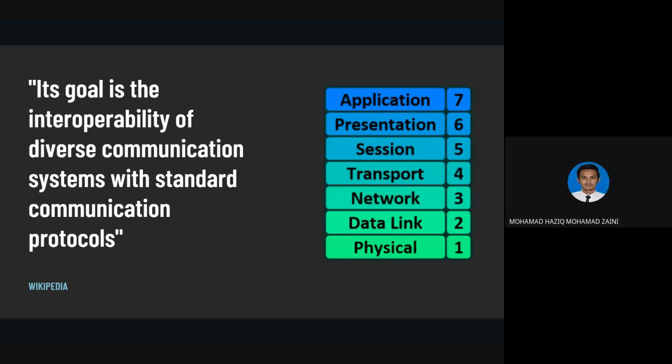Yes, Haziq. Tadi madam tanya, so saya nak try jawab. Bagus Haziq. Jawab je. Madam tanya kenapa dia dicipta berlayer. Untuk memudahkan kita atau lebih simple, it helps visualize and communicate how networks operate.